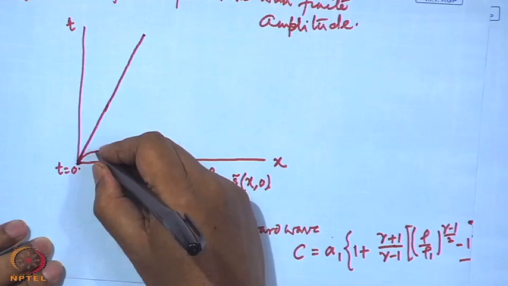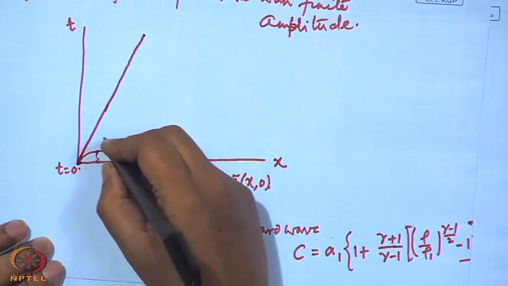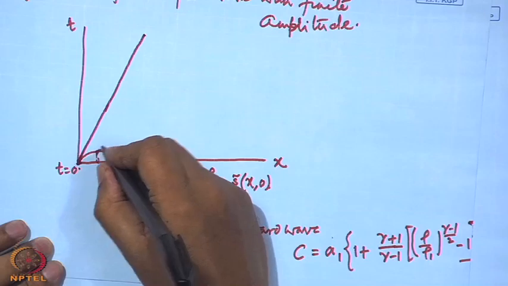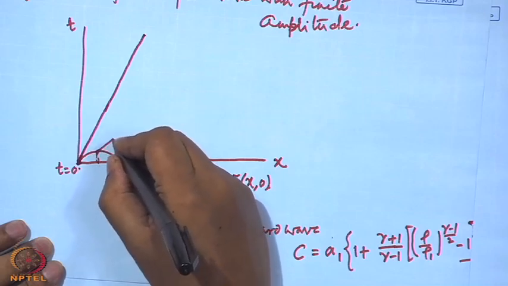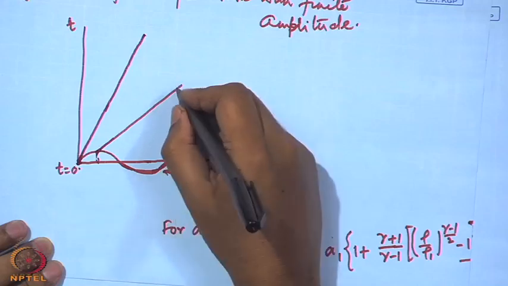However, at this point which has the highest density, the characteristics will incline much more and will no longer remain parallel, but will have a much higher slope.